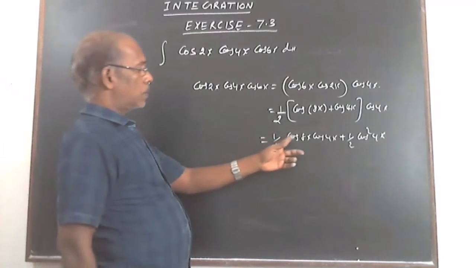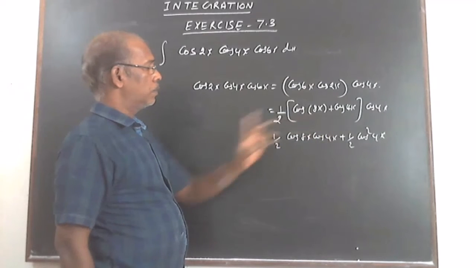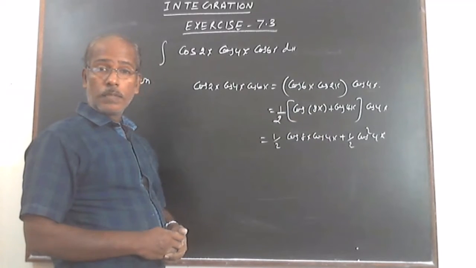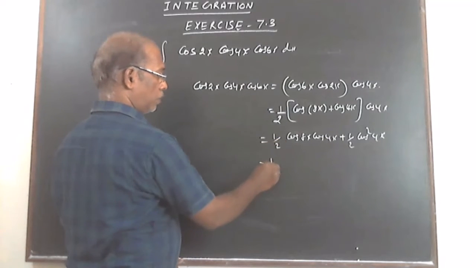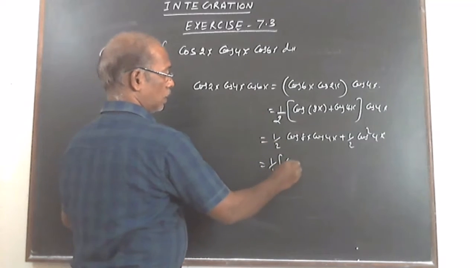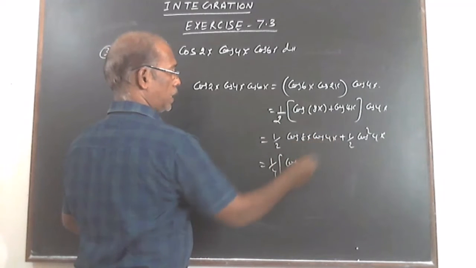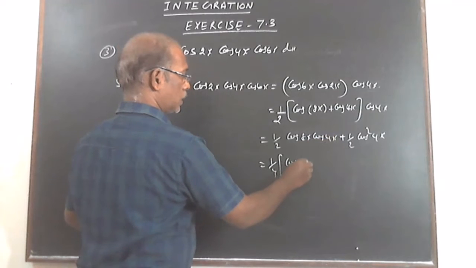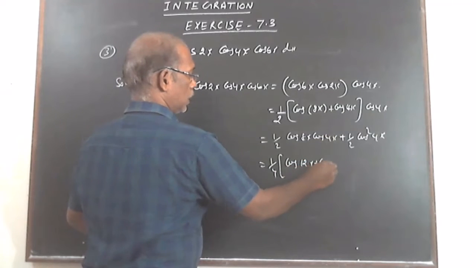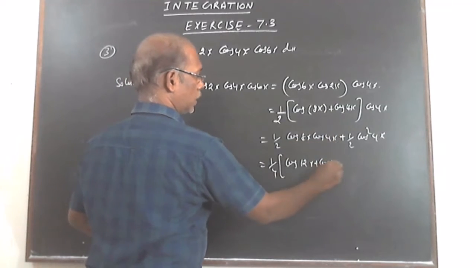Once again, using the formula cos a cos b equals 1 by 2 cos of (a plus b) plus cos of (a minus b), the 1 by 2 becomes 1 by 4, and cos of the addition, 8 plus 4, is 12x, plus cos of the subtraction, 4x.